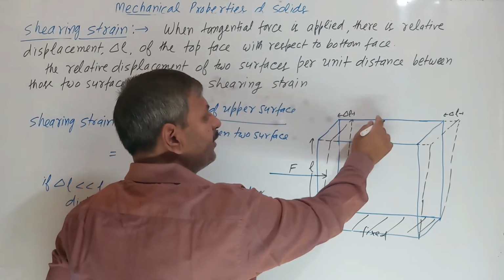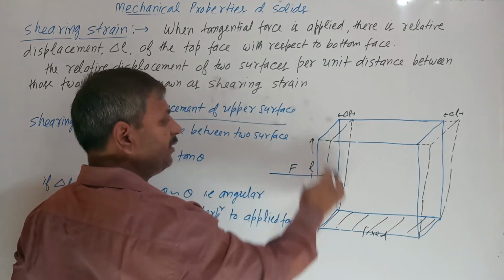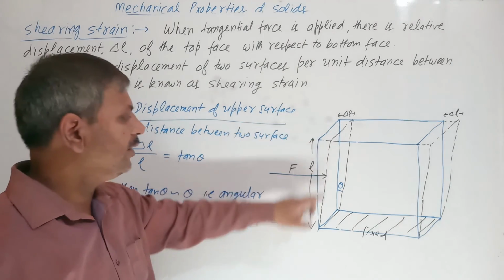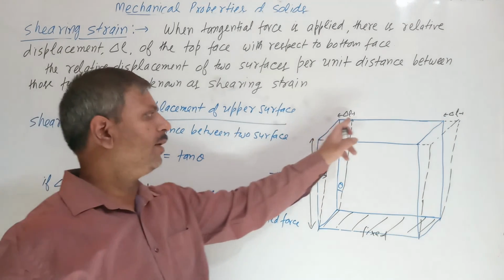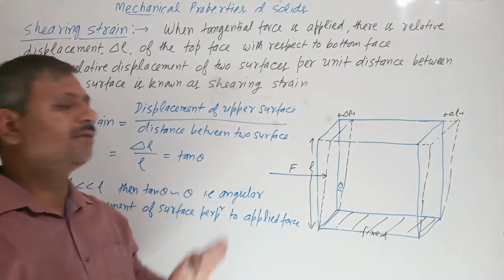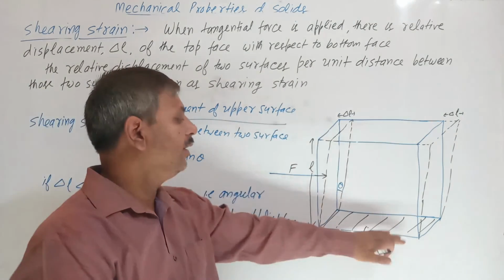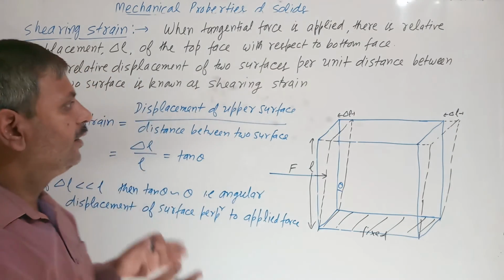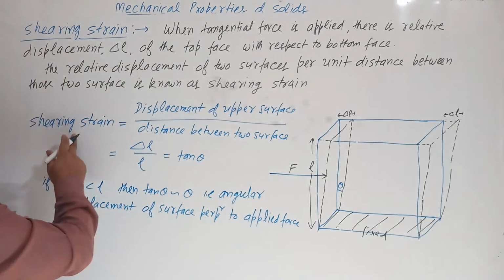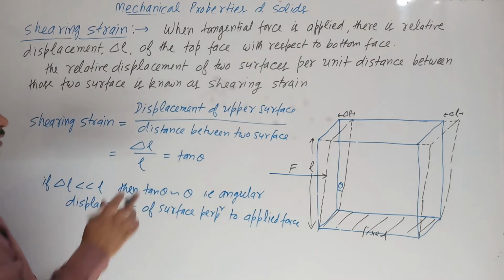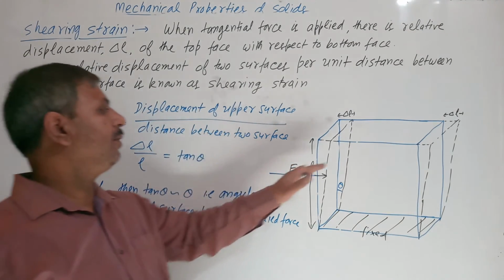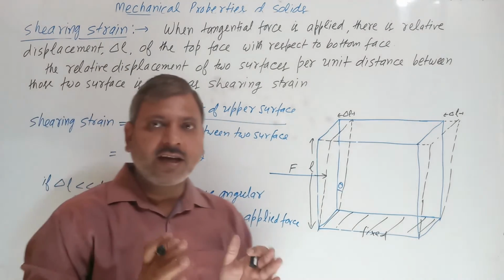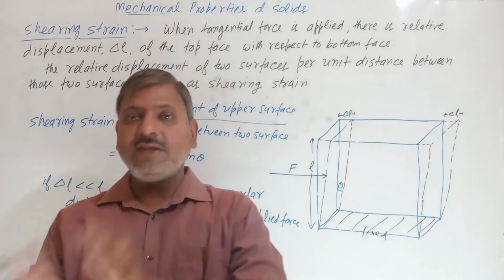Suppose this is the upper surface and this is the lower surface, and the distance between them is L. The relative displacement of the upper surface per unit distance between the two surfaces, upper and lower, is called shearing strain. So shearing strain is the displacement of the upper surface divided by the distance between the two surfaces. It is the strain due to change in shape.